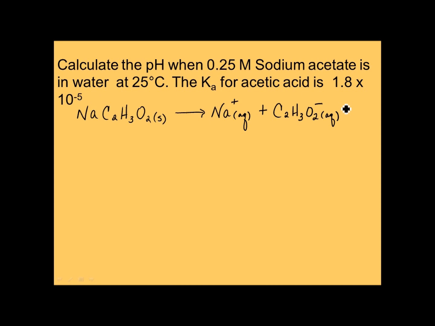This is a soluble salt. Soluble salts separate 100%. What you have here is a sodium ion and an acetate ion, and you have to analyze them critically. The sodium ion is technically the cation of a strong base, so he's useless.